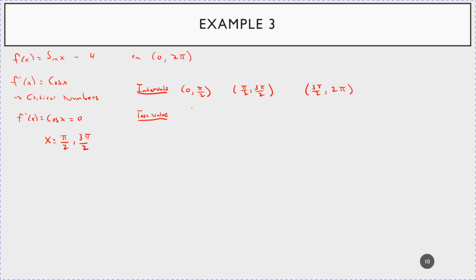Pick a number between 0 and pi over 2. I'll just pick pi over 4. Between pi over 2 and 3 pi over 2, I'll just pick pi. And between 3 pi over 2 and 2 pi, I'll actually pick 7 pi over 4. That's how I'll do that one.